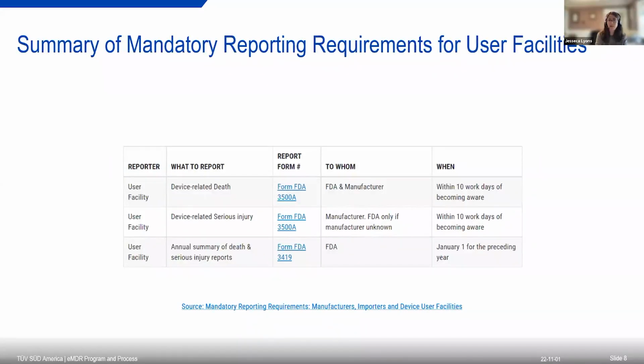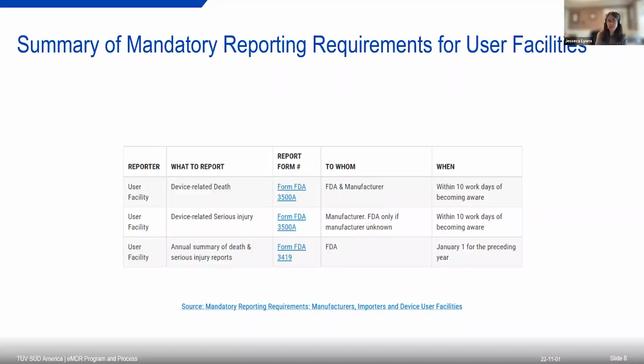Now, a couple of other questions have been coming in as well. We always talk about becoming aware of these particular events. For the user facility, if this is a hospital, becoming aware of a device-related patient death is obviously something you're going to be aware of relatively quickly.